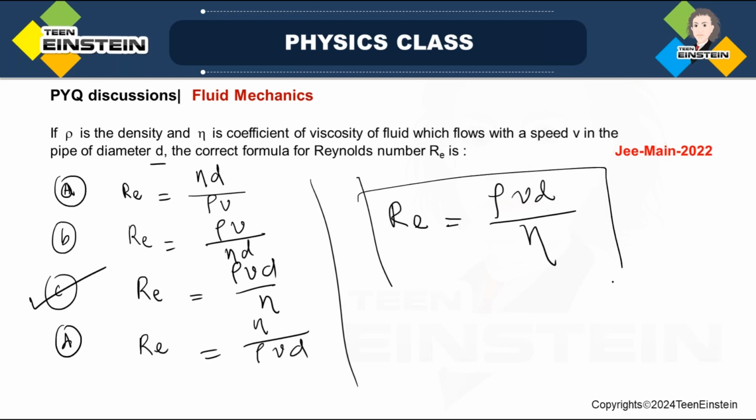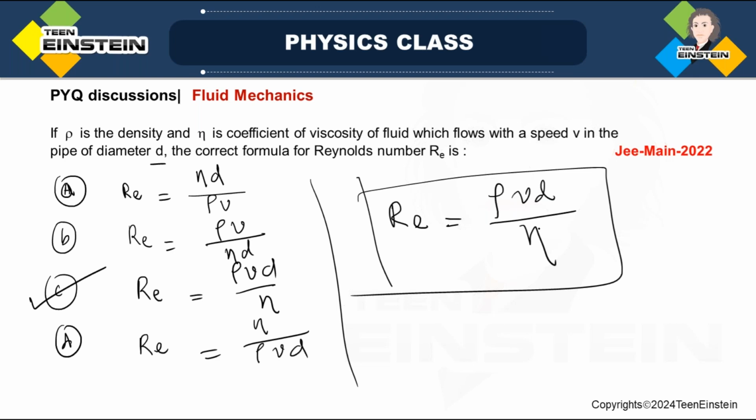So this will be the answer. Reynolds number is actually a number. This is a unitless or dimensionless quantity, you can say.